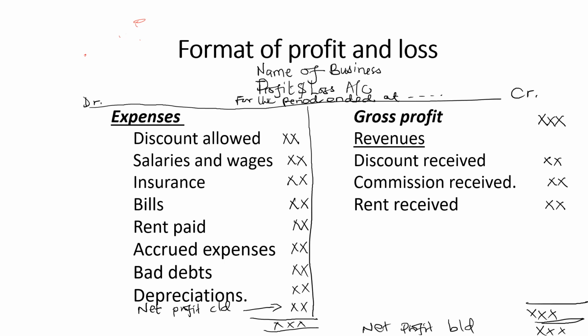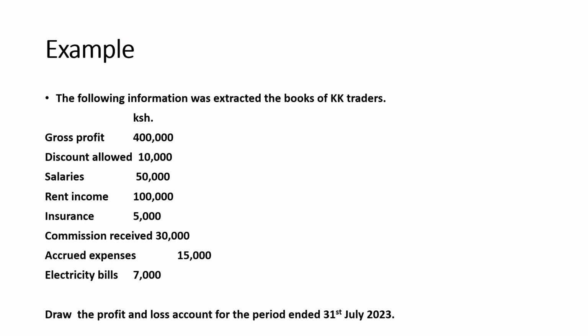Now, after this, I want us to move and have an example and see how to draw a profit and loss account. Now, we have a question here. The following information was extracted from the books of KK Traders.